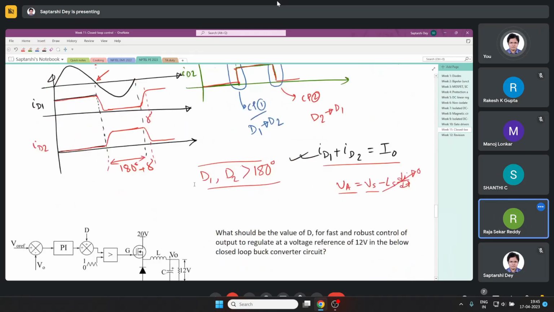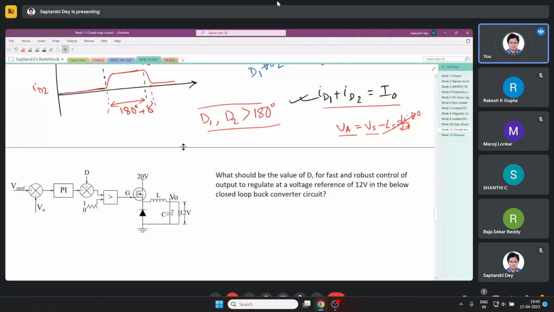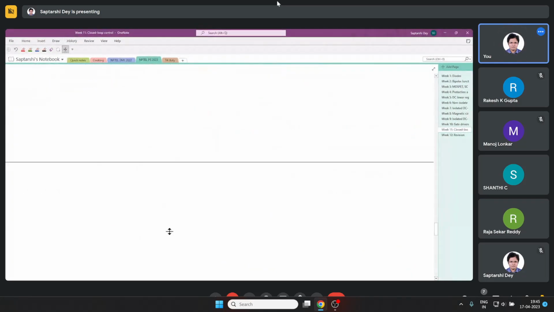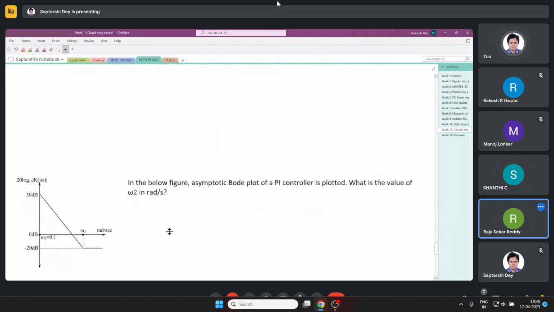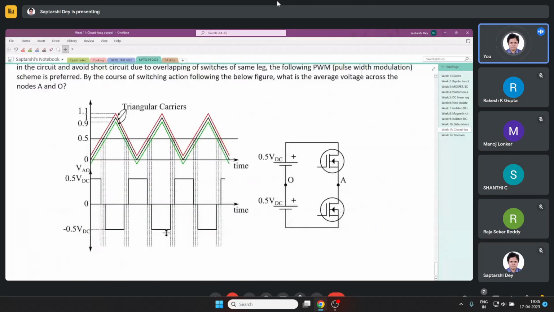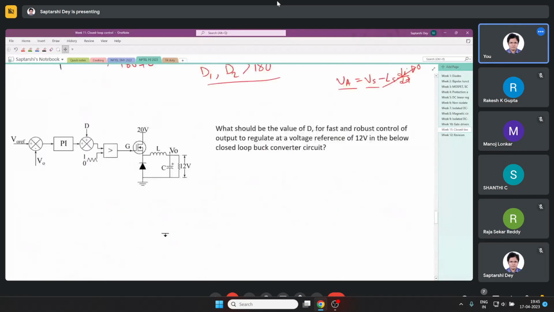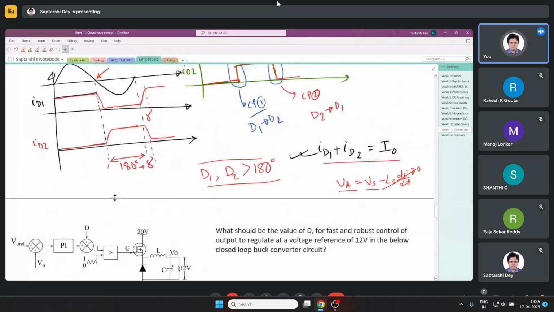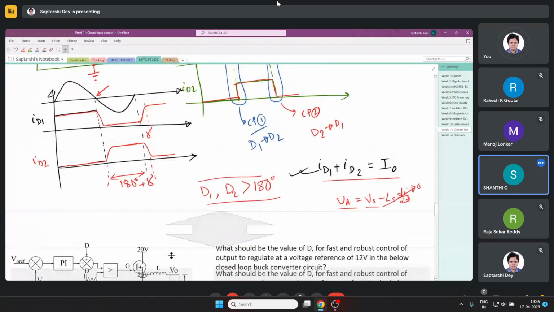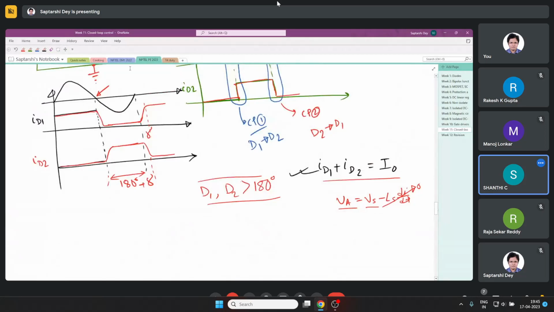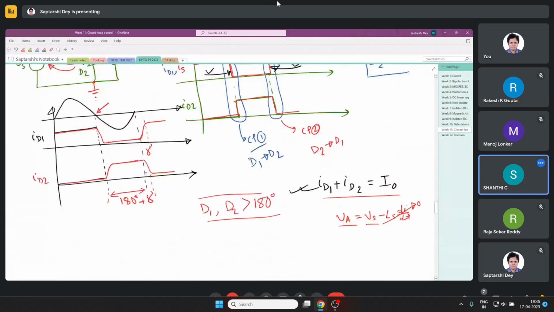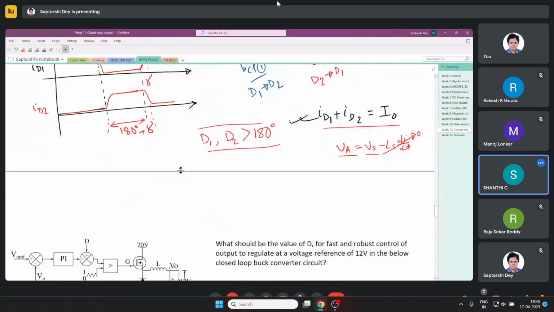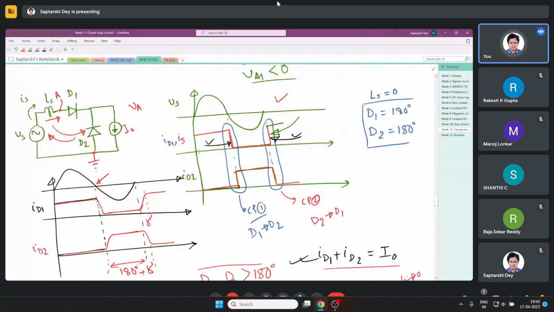A question just came: how to calculate this gamma. Let me see if we can quickly find it out. So how to find gamma?